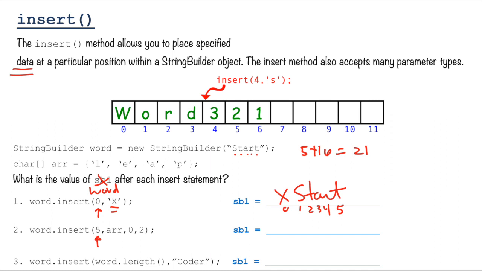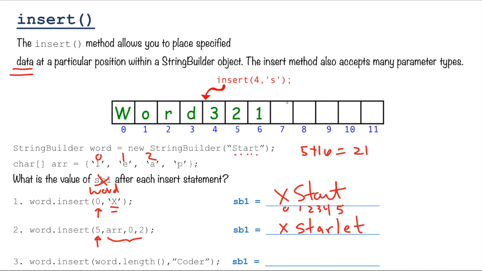So right in front of the T, we're going to insert from the array characters 0 through 2, but not including 2. So 0, 1, so LE. So we now have X, STAR. In front of index 5, we're going to put LE, and then there's the T. So we have X starlet.